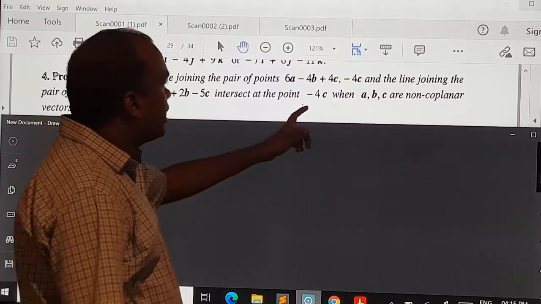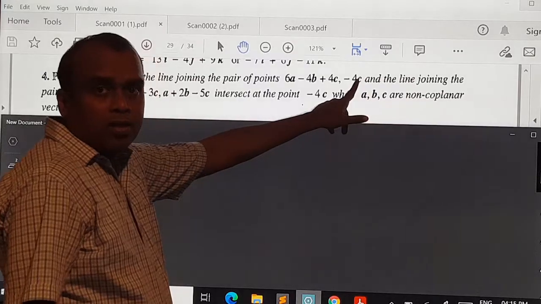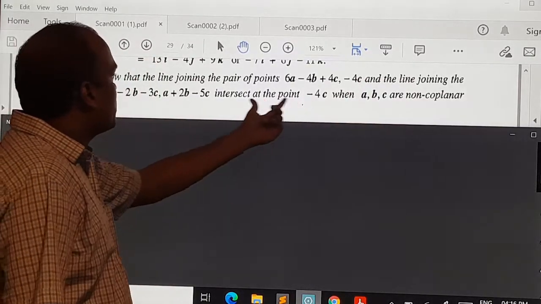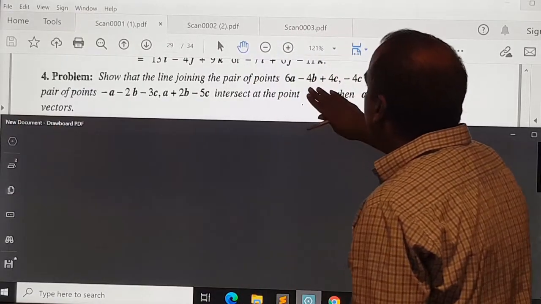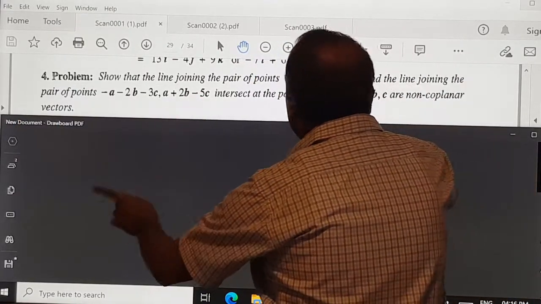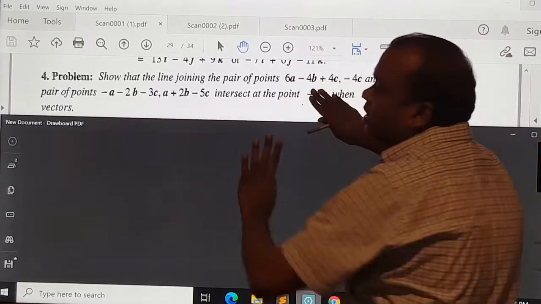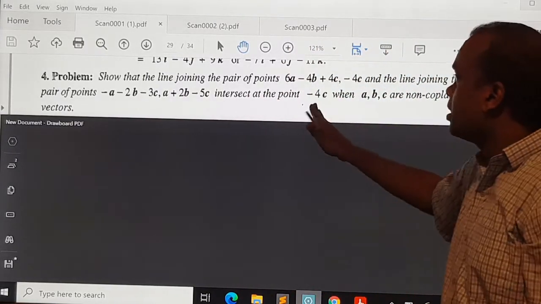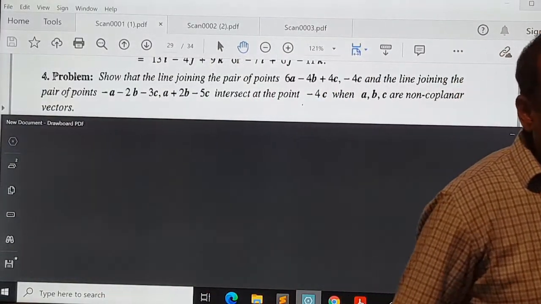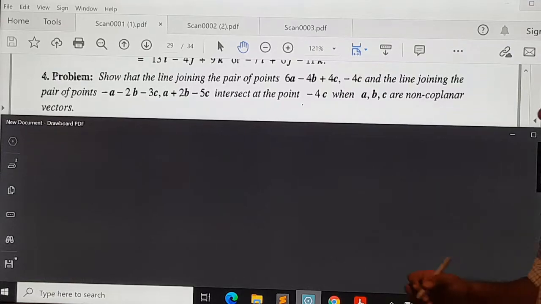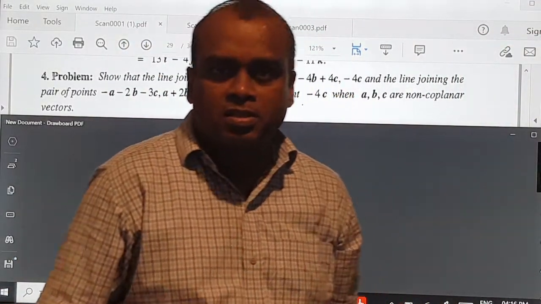Why I am saying I don't like it is, you can see that minus 4c bar is already on this line. So it is enough if I show that minus 4c bar lies on this line. Over. He should have asked to find the point of intersection of the line joining these 2 points and the line joining these 2 points, then we would have shown it as minus 4c bar. But anyway, the way he asked, we have to do it. So though he gave it like this, I am going to do the way I just said.